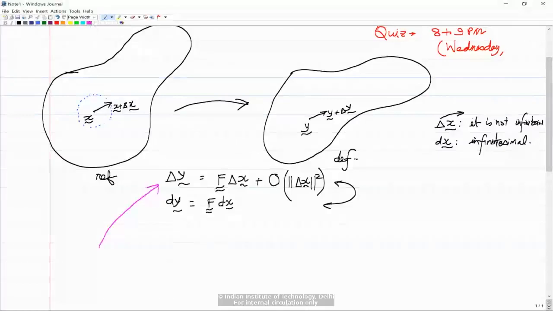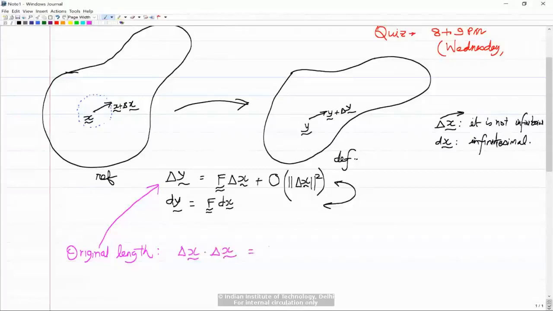So what is the final length of this line element delta x? If I ask you the original length, what is the original length? That's delta x dot with delta x itself, isn't it?